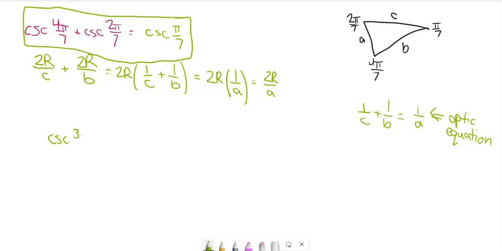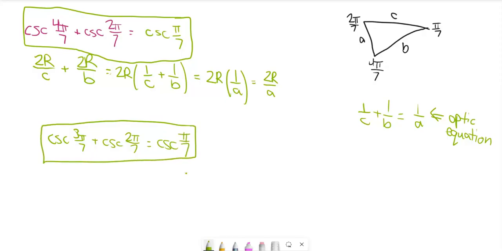So therefore, cosecant of 3 pi over 7 plus the cosecant of 2 pi over 7 equals the cosecant of pi over 7. I find that to be pretty cool because, in the relation I derived above, we see 4 pi, 2 pi, 1 pi going down in a geometric progression. But now if you look below, you've got 3 pi, 2 pi, 1 pi, and that's going down in an arithmetic progression. And I find that to be quite interesting.